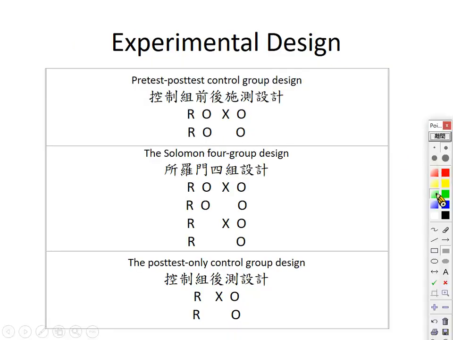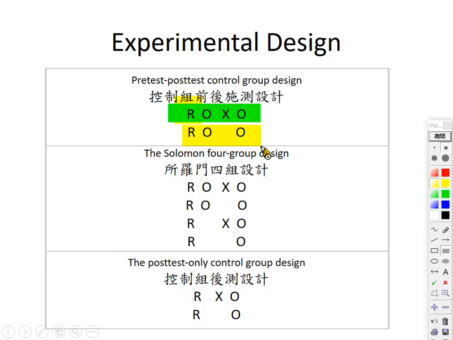Okay, and also let's move to the last part. Did you see R here? R refers to randomization. Also, the symbols on the same row refer to one group, and this is another group.